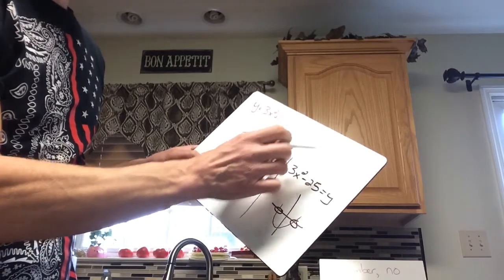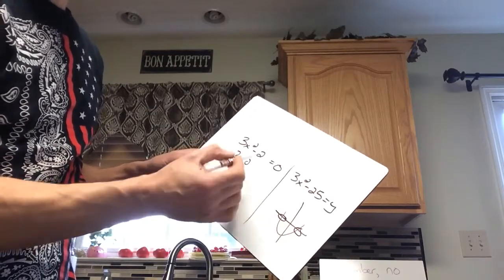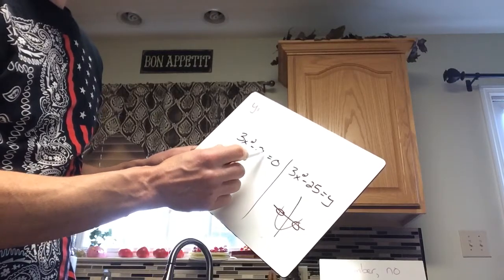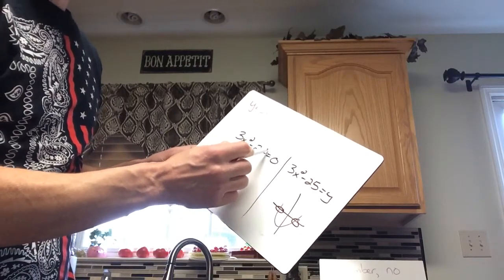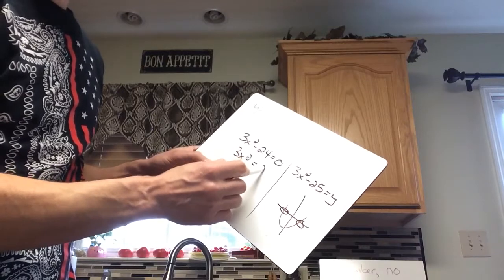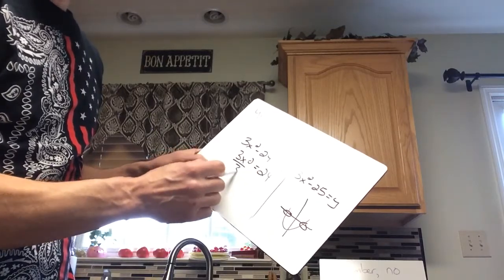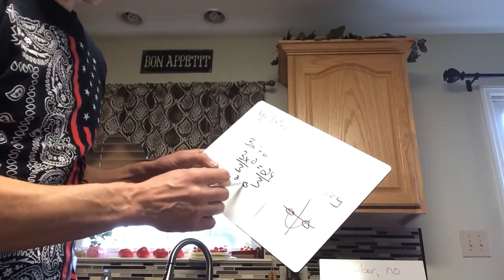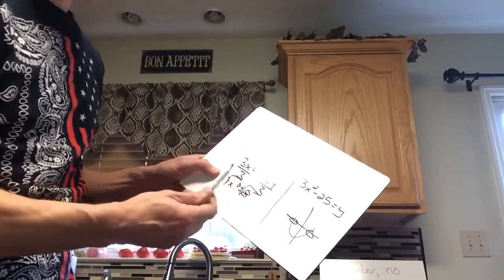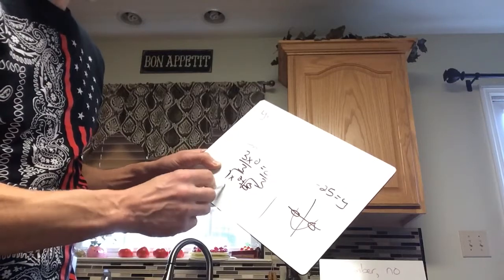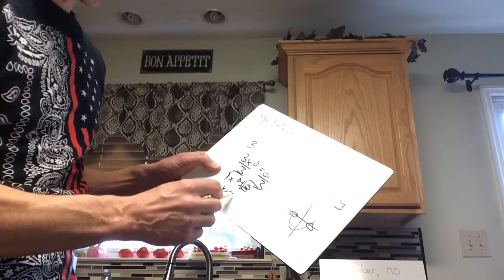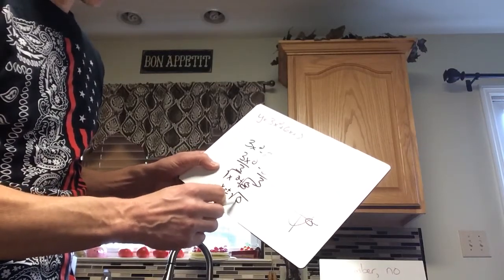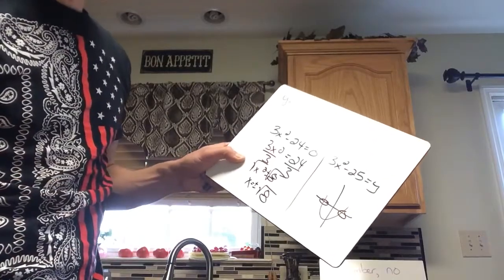Let's put this as, instead of 25, something that's divisible by 3. Let's just say it was 24. I would get that to the other side, divide by 3, divide by 3, x squared would equal 8, and then we would take the square root of both sides. If this guy over here is not a perfect square, no big deal. We just plug in plus or minus the square root of 8, or you can round that to whatever value you want.